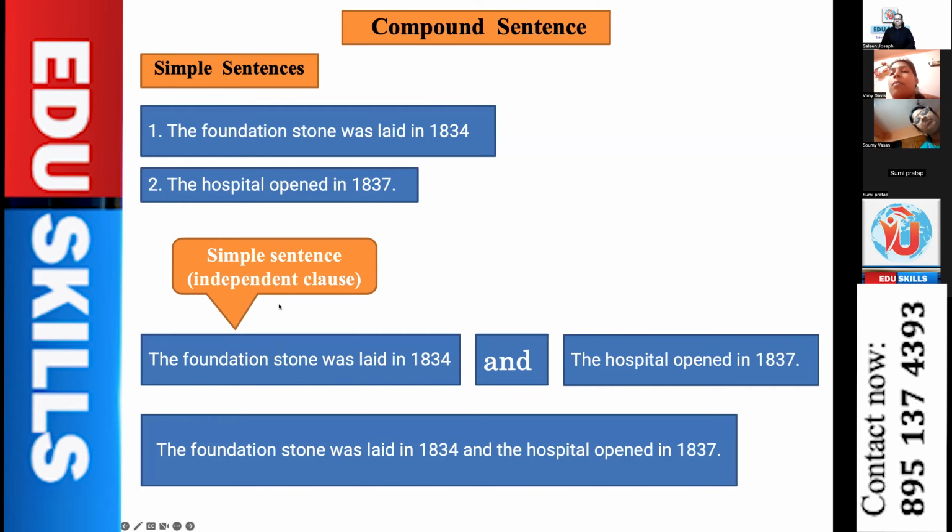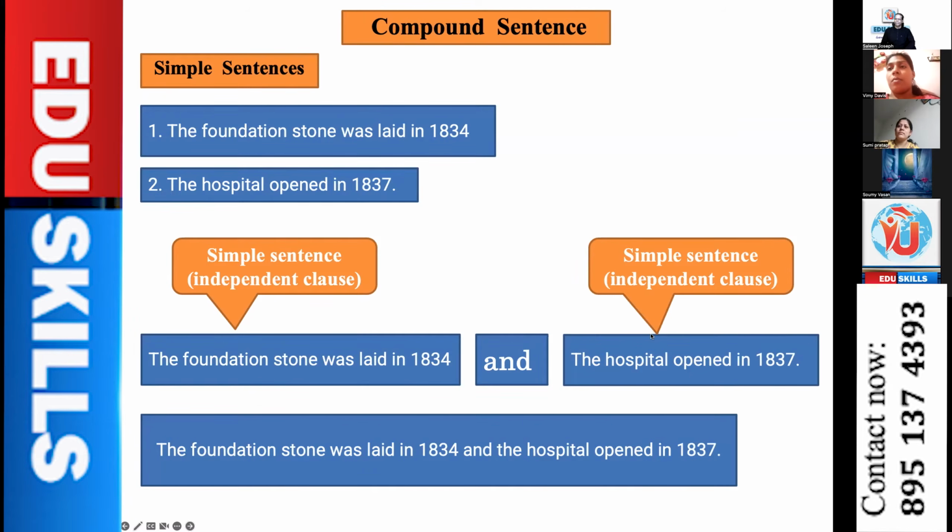Here you see a simple sentence. This is also known as an independent clause. Independent clause means it can stand by itself. It has got a subject and a verb. It doesn't require any other portion of the sentence or another sentence to make sense. Then you have another simple sentence here. This is also an independent clause. I'm putting it in brackets because when we frame complex sentences, we should know what is an independent clause and what is a dependent clause.